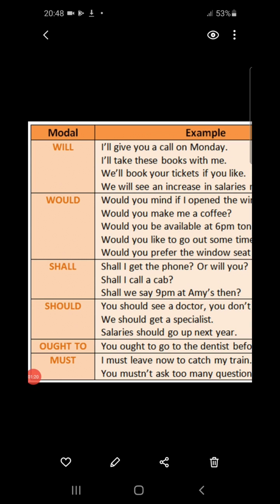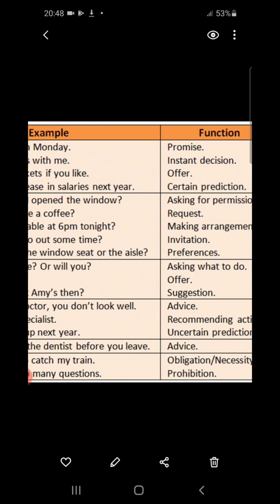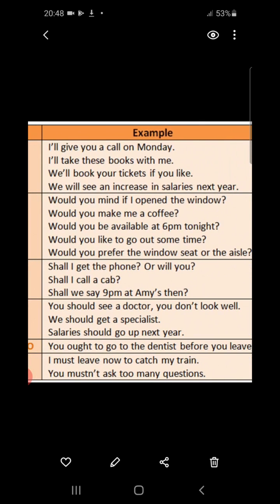Will. See the example. I will give you a call on Monday. Next, I will take these books with me. First one is promise. I will give you a call on Monday. So that is basically a promise. Next one.